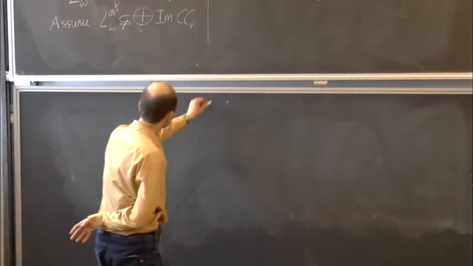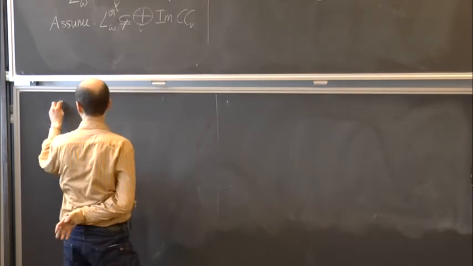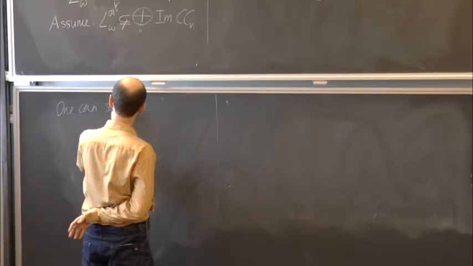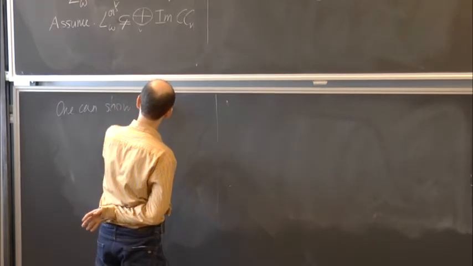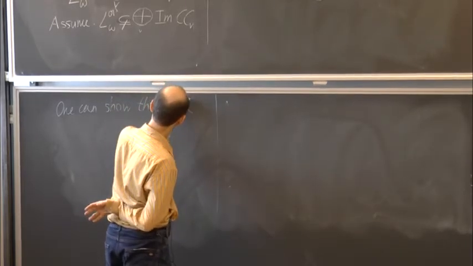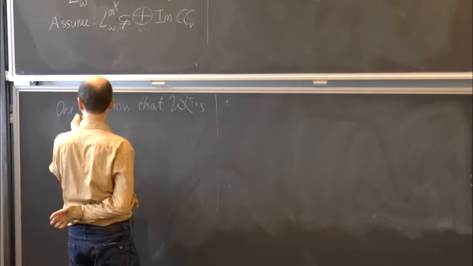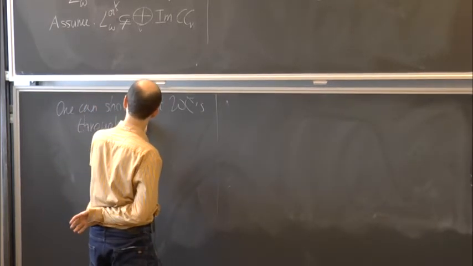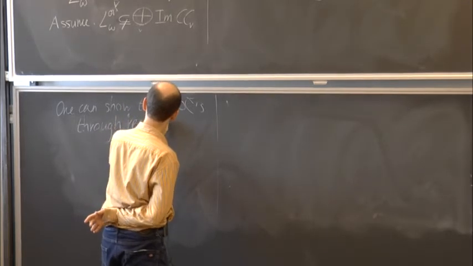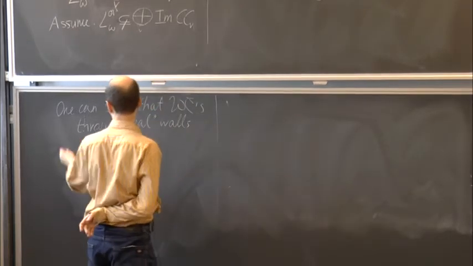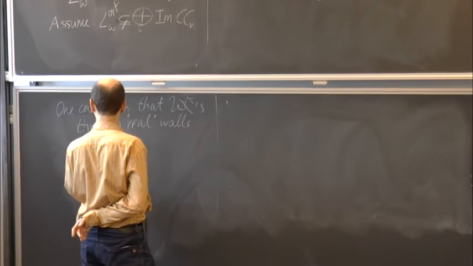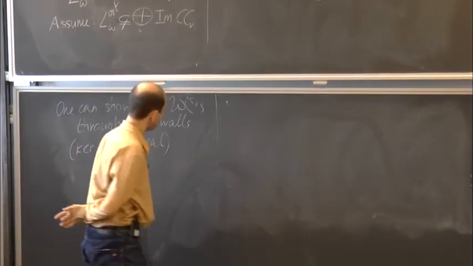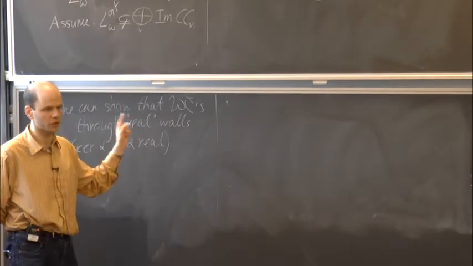So now one can show that WCs through real walls, meaning walls like Ker alpha with alpha real, just don't shift this object M.